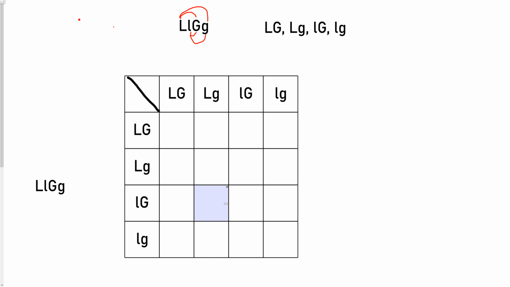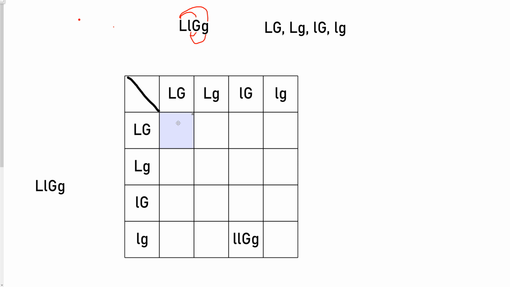So in the case of this one, where the L's would be both lowercase, you would not want to do it this way. You always want to lead with the dominant allele. If there's a big uppercase letter in your combo for G's, you put that first. If there's a big L, you put that first. So I'm going to keep the L and the G in the same order that they were, but I'm going to make sure that I pay attention to whether it's a lowercase or uppercase letter.